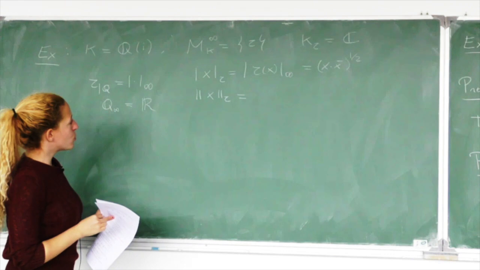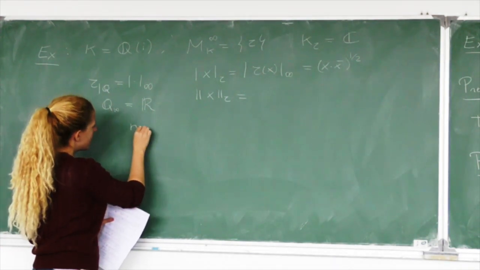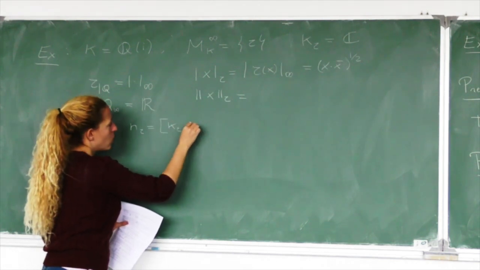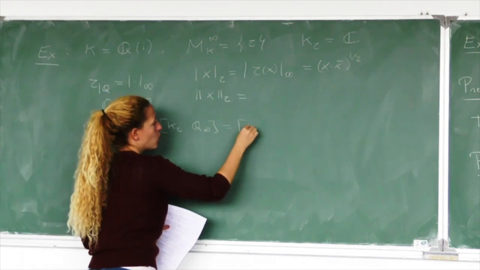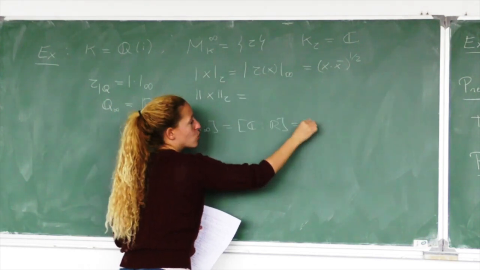So we can compute the local degree: n tau is equal to the degree of k tau over Q infinity, which is equal to 2.